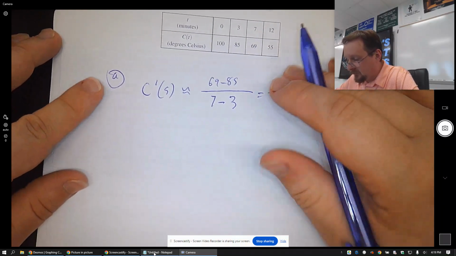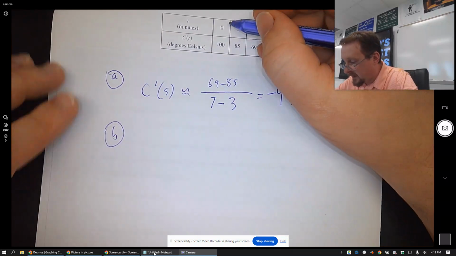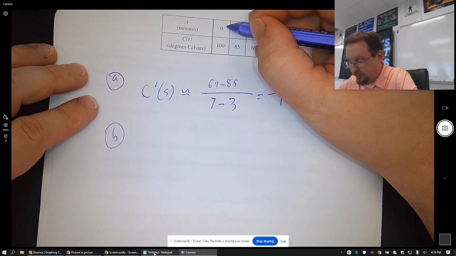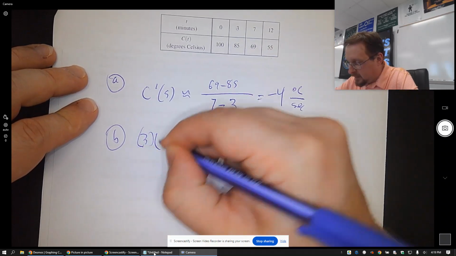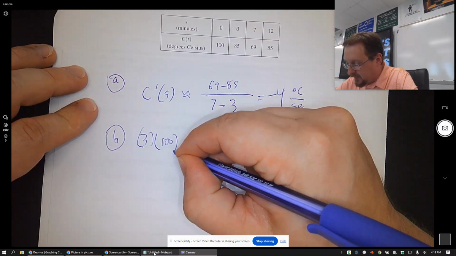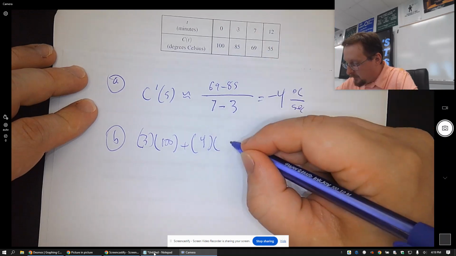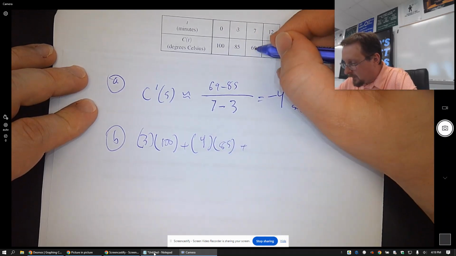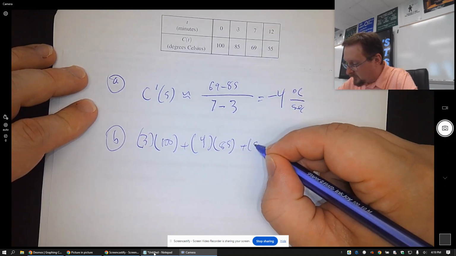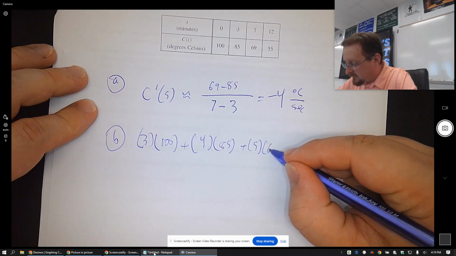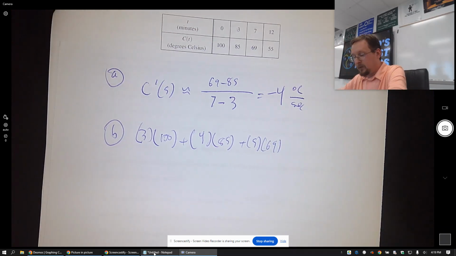So for part B, I'm going to say the width is 3 and the height on the left is 100. The width is 4 and the left-hand height is 85, and then the width here is 5 and the height is 69. So it's just width times height of 3 rectangles, right?